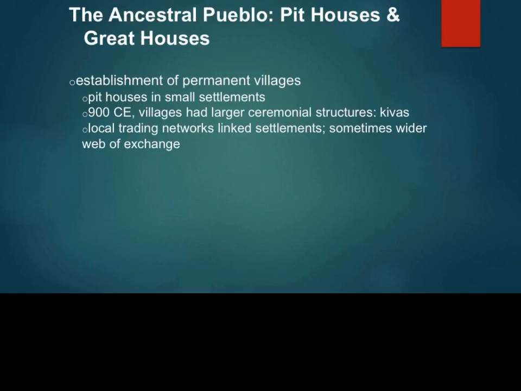Pit houses were created in small settlements, and by 900 CE, many villages also had larger ceremonial structures known as kivas. And the local trading networks linked a lot of these settlements, and sometimes even wider webs of exchange and commerce.